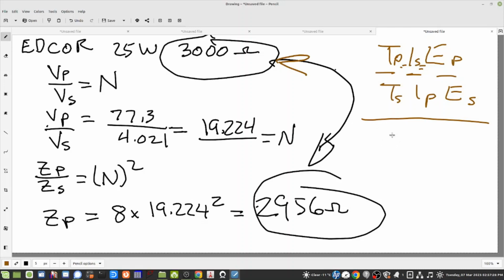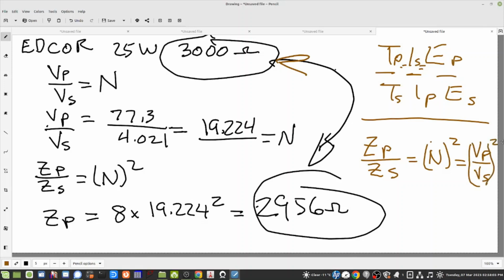And the impedance formula, which is, and this is a very important formula used in conjunction with the above formula, ZP over ZS, the impedance of the primary divided by the impedance of the secondary. And we said that was the turns ratio squared, and we also know it's the voltage of the primary across the voltage of the secondary, which is our turns ratio formula we use in this case, squared.